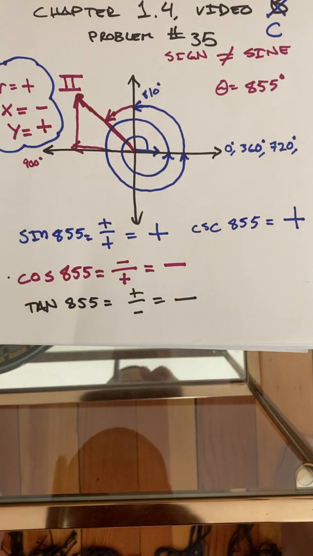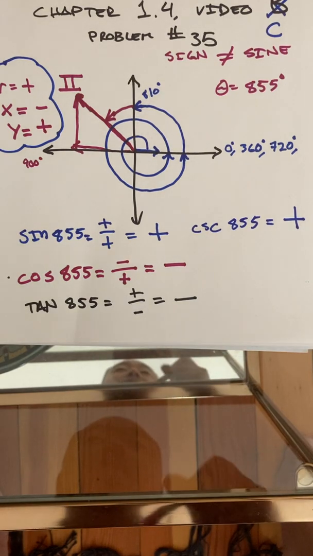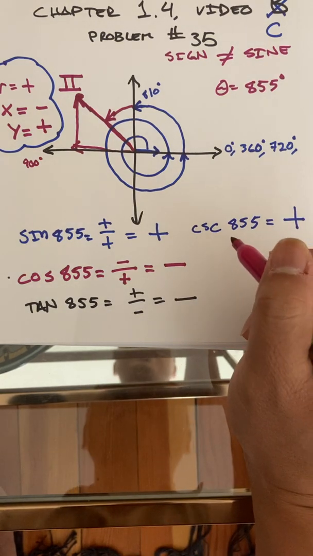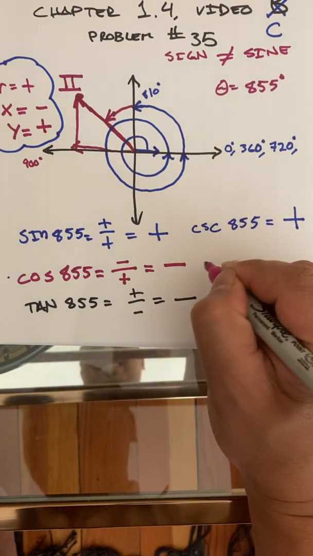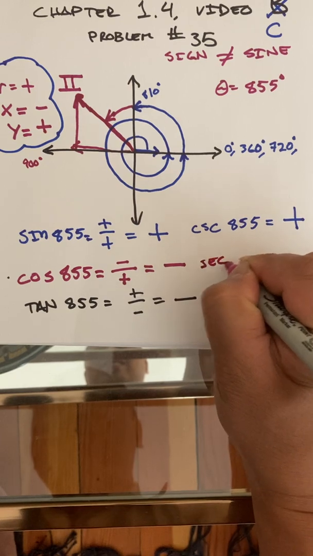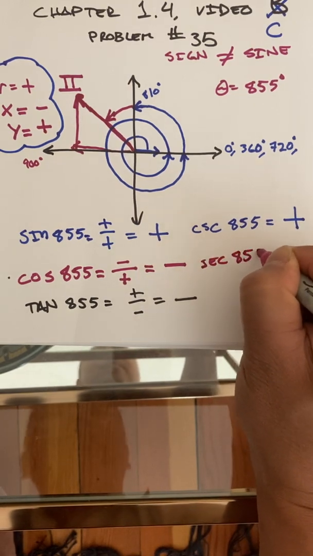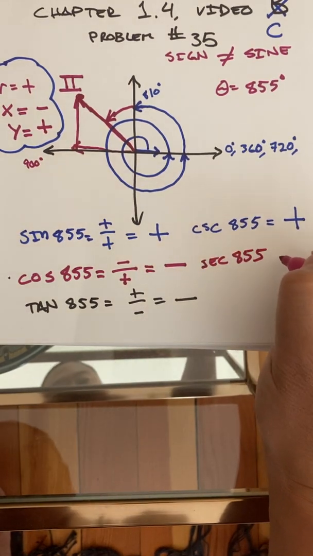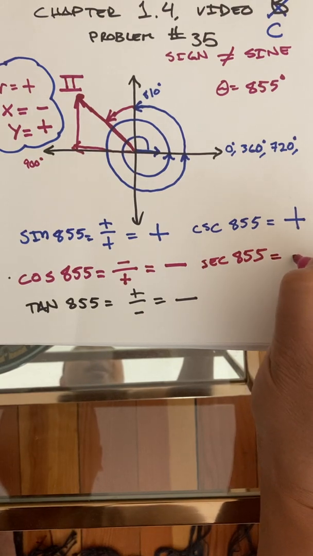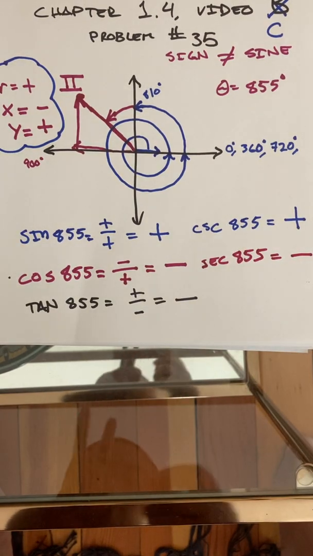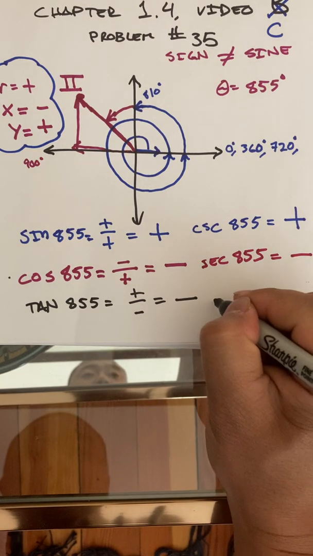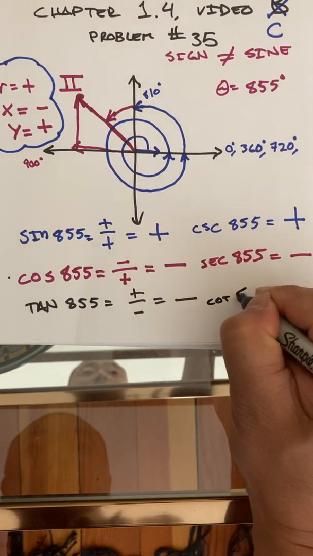The secant of 855 will also be negative, and the cotangent of 855 will also be negative.